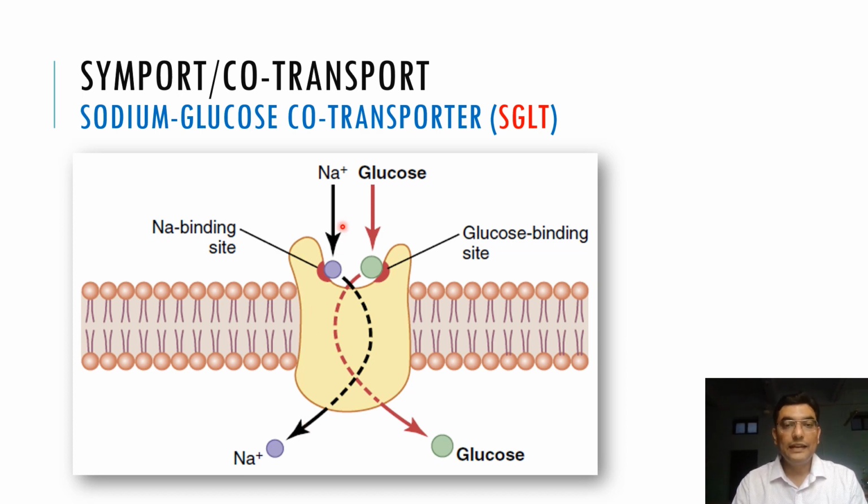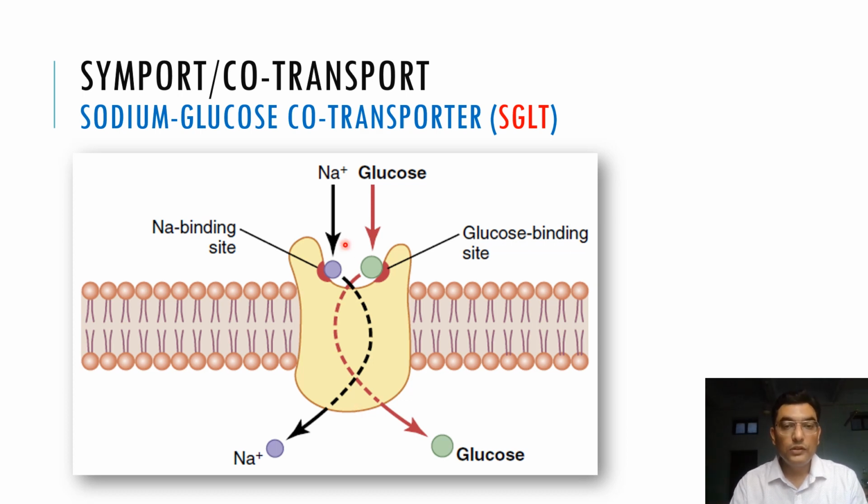When it moves from outside to inside, it has energy due to this concentration. The sodium ion pulls the glucose with itself, so the sodium and glucose both move side by side towards the inside in the intracellular fluid, and this is known as symport. Both of them are moving in the same direction, so it is known as symport.